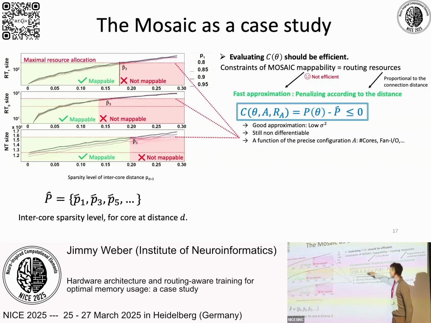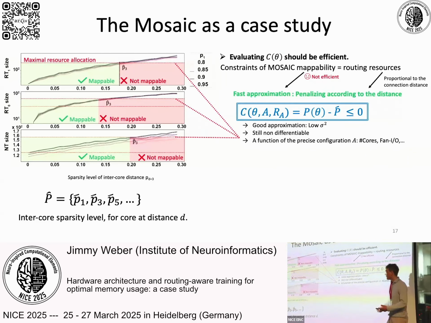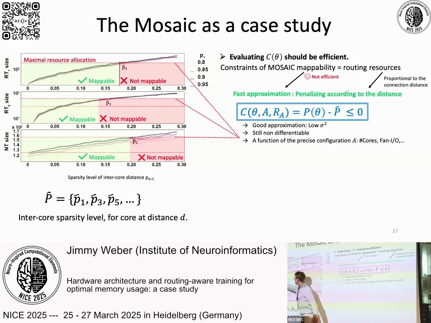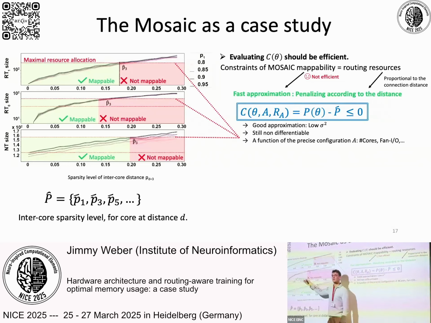So our constraint is we want all the intercore sparsity to match our p hat. First question was, is this fast approximation of our hard constraints good enough? Yes, it's good, because you can see that even if we are instantiating a lot of different neural networks with those specific combinations of sparsity, the standard deviation is very low.